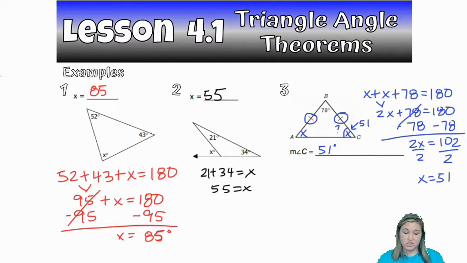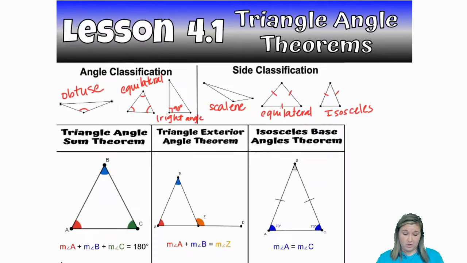So this is just those three theorems put into action. All the interior angles of a triangle add up to be 180. You have the triangle exterior theorem, where the two opposite interior angles add up to be the same amount as the exterior angle.